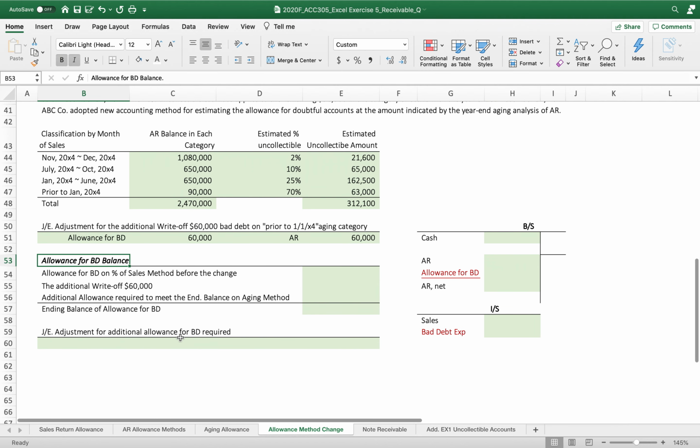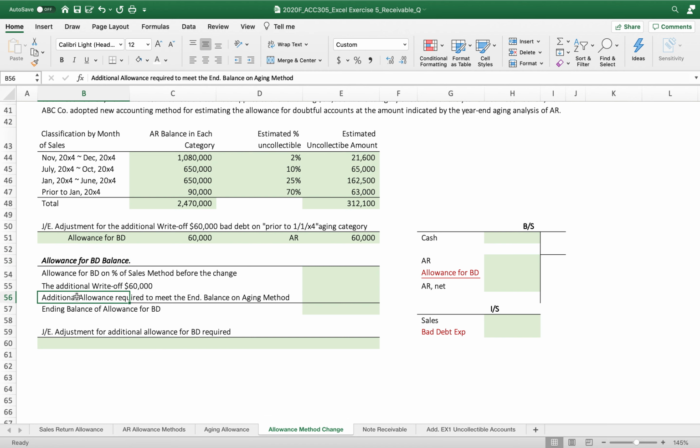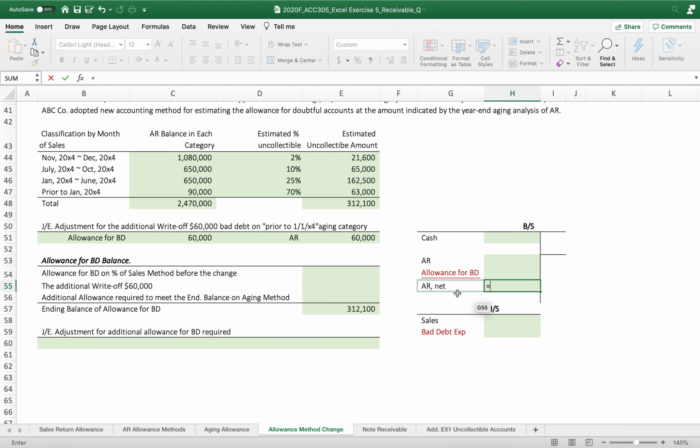The procedure to get the additional allowance for bad debt required to meet the ending balance on the aging method is to start with the ending balance of the allowance for bad debt. So we already calculated.